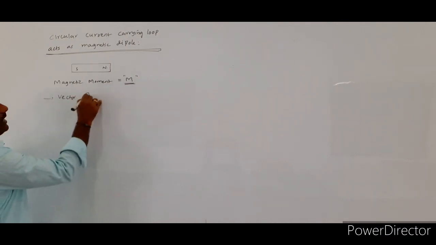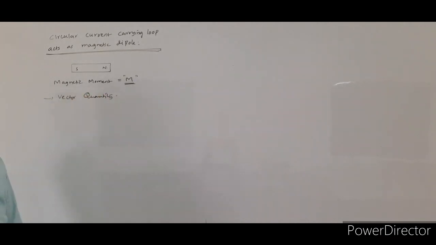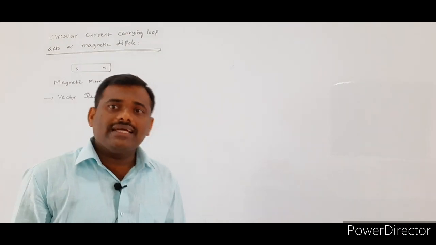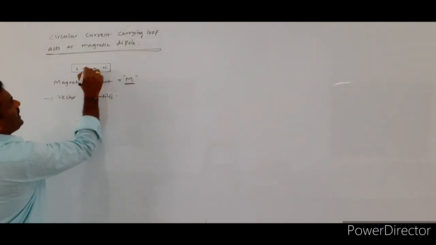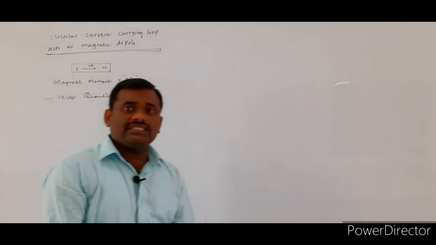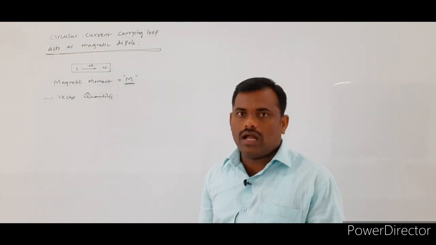Magnetic moment is also a vector quantity. If you represent this magnetic moment as a vector, what is its direction? The direction of the magnetic moment is always taken from the south pole to the north pole.